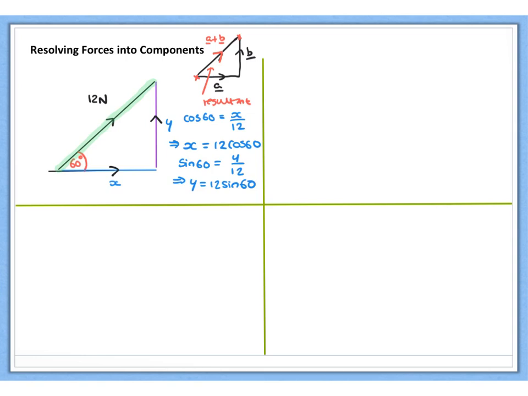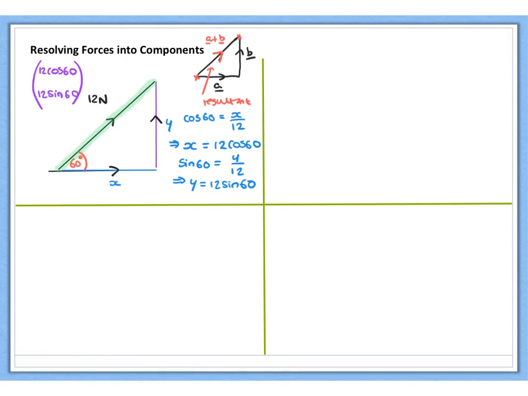So my 12 Newton force, which is a vector of 12 newtons, can be written in the format of these two components. If I wanted to, I could write them in the form of a column vector. So I've got my 12 cos 60, which is my horizontal component, and my 12 sine 60, which is my vertical component.